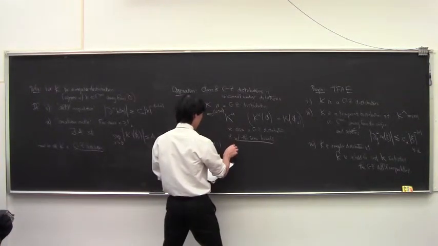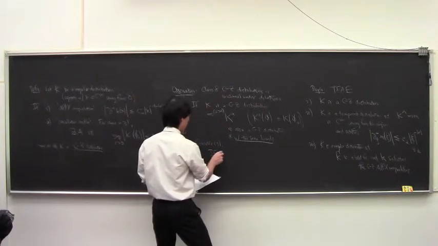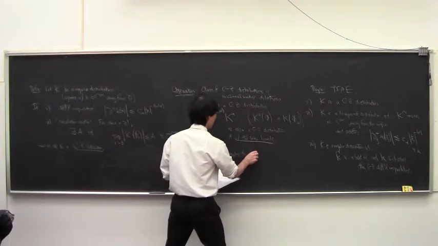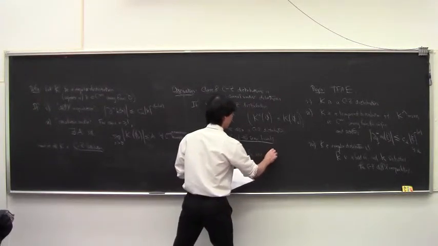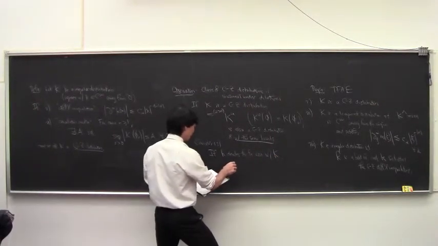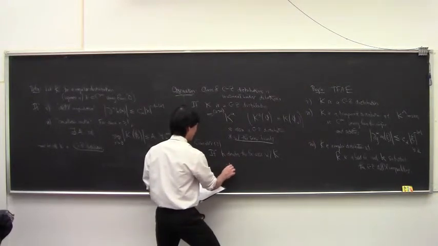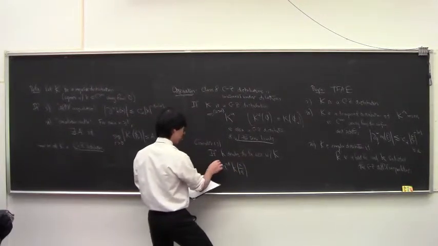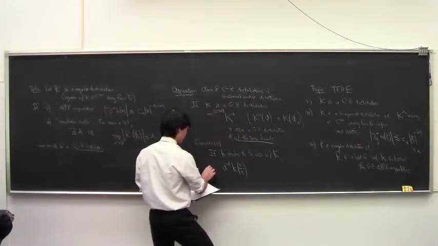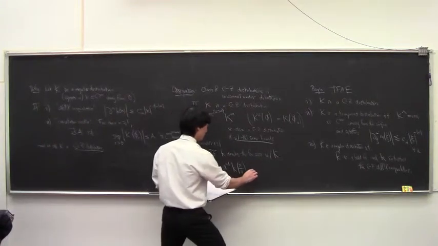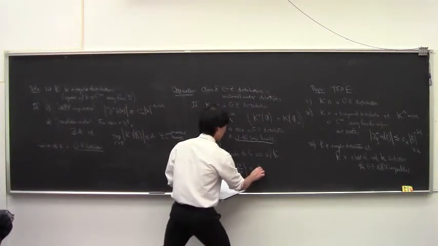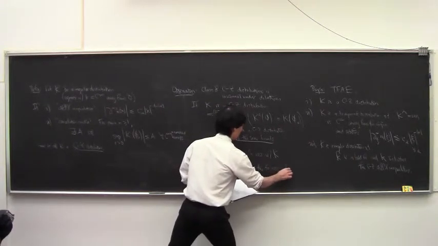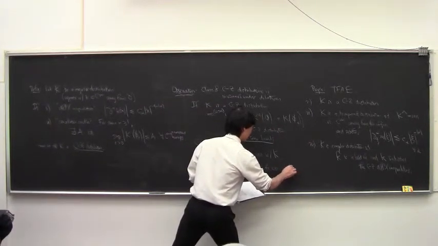If k denotes the function associated with big K, then the function a to the minus d k of x over a, which let's call g of x, is the function associated with K_a.